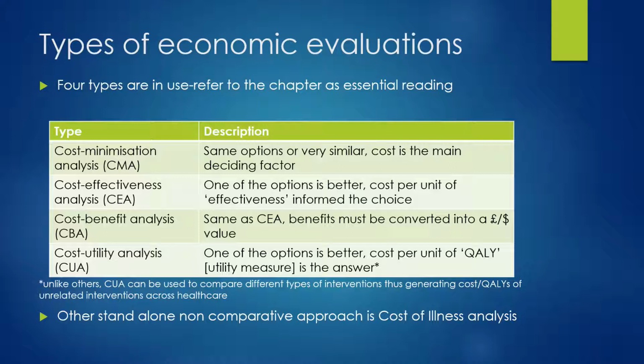Things can be the same in terms of their effectiveness, so they can deliver the same benefit, but the cost they incur to deliver that same benefit is different. So one is expensive, one is cheaper. In that case, it's very simple: you basically need a cost minimization analysis.